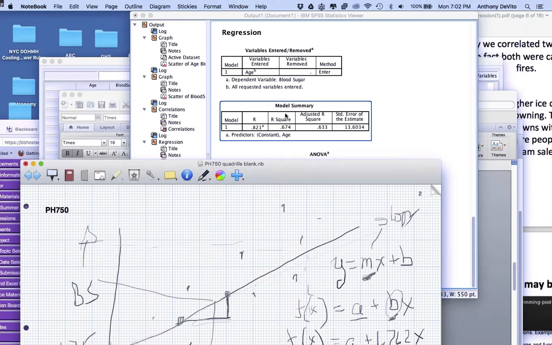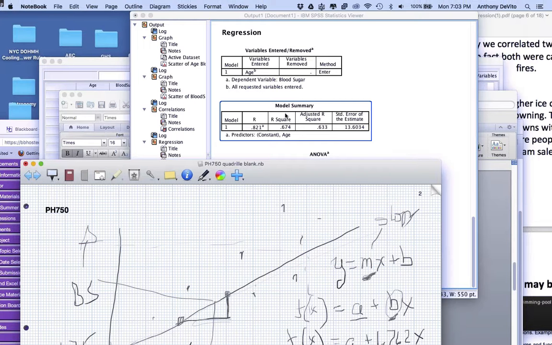But man, if we could come across results like this all the time, it would be great. Remember, we faked this. If 64% of the variability in blood sugar is due to age, then I could concentrate on treating people more aggressively for elevated blood sugar as they get older, and so forth.